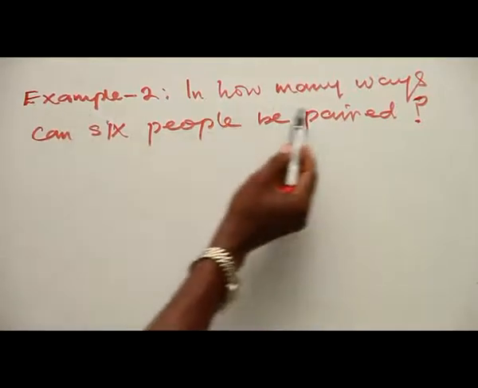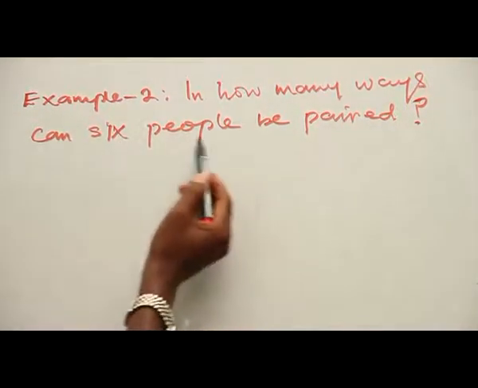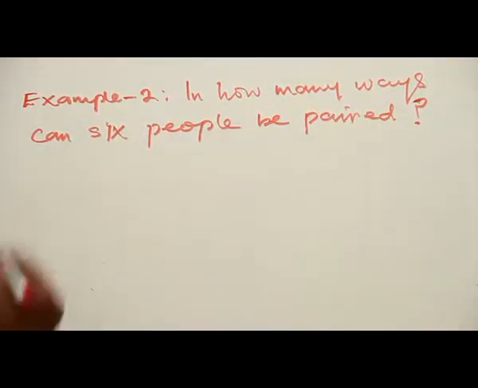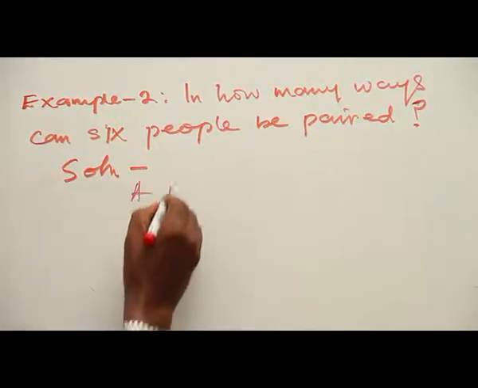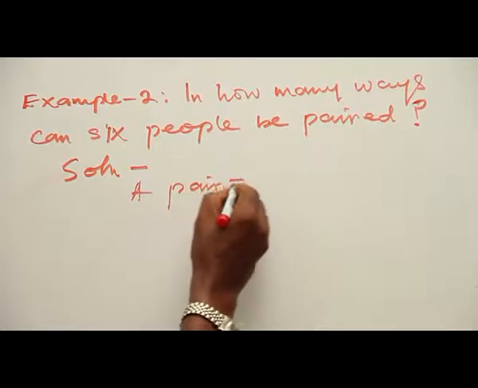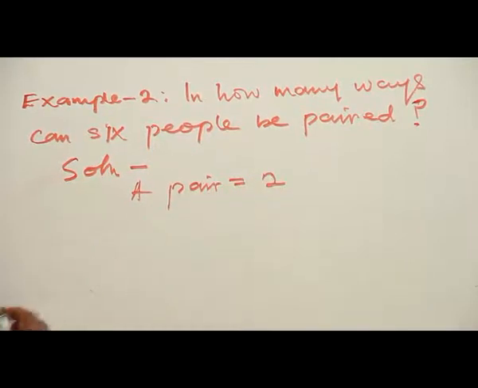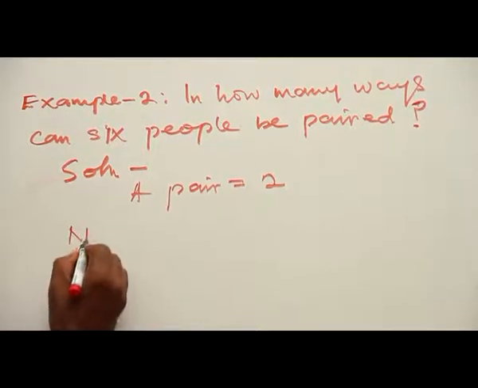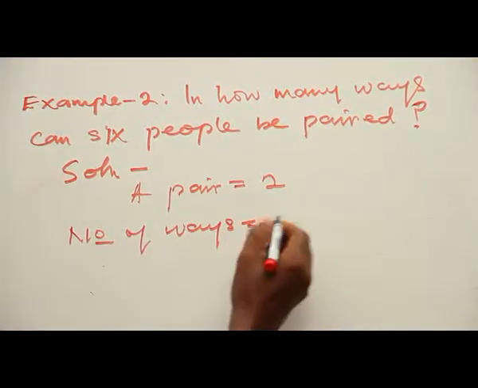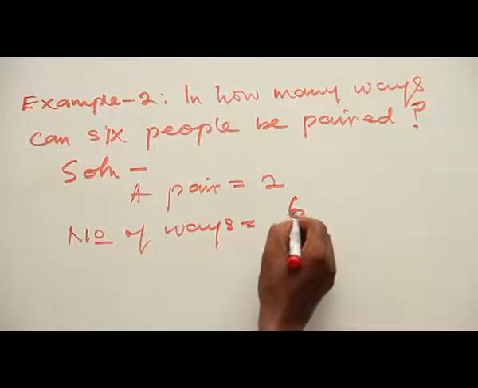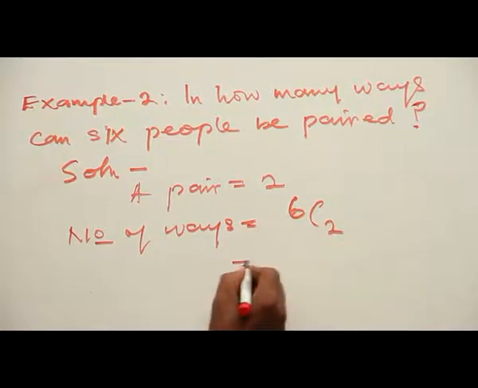Example number 2. In how many ways can 6 people be paired? Solution: here a pair is equal to 2. So the number of ways that this can be done is 6C2.